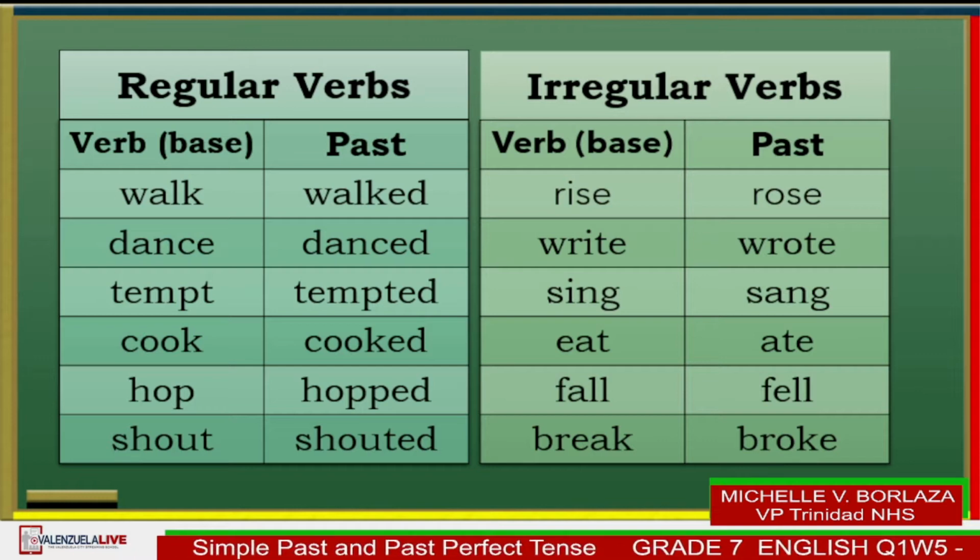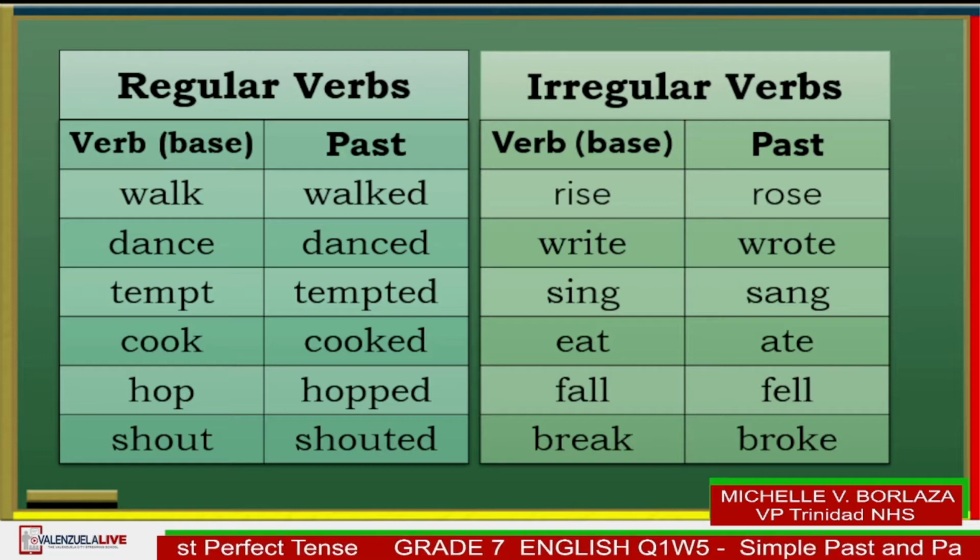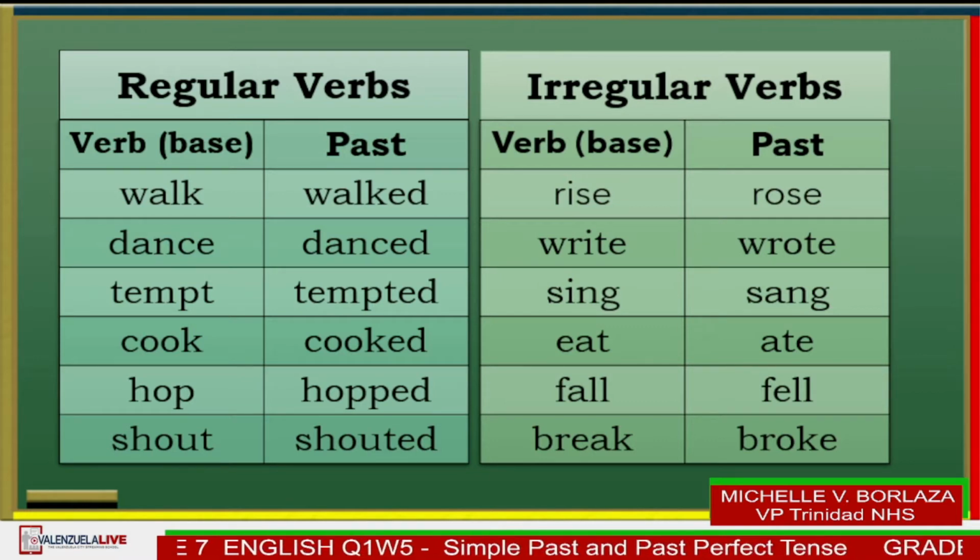While for irregular verbs, we have the words rise, write, sing, eat, fall, and break. If you would notice, when we change these words into past tense, their spelling also changes.